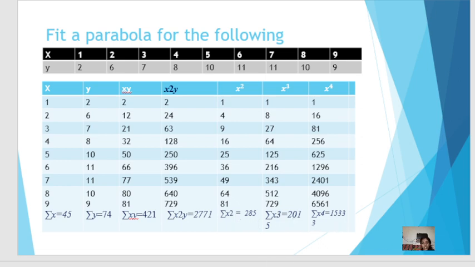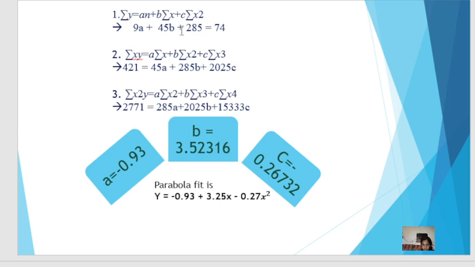Once we are done with finding all these summations, our next step is to substitute them in the given formula. Then the next step is finding the constants a, b, and c.